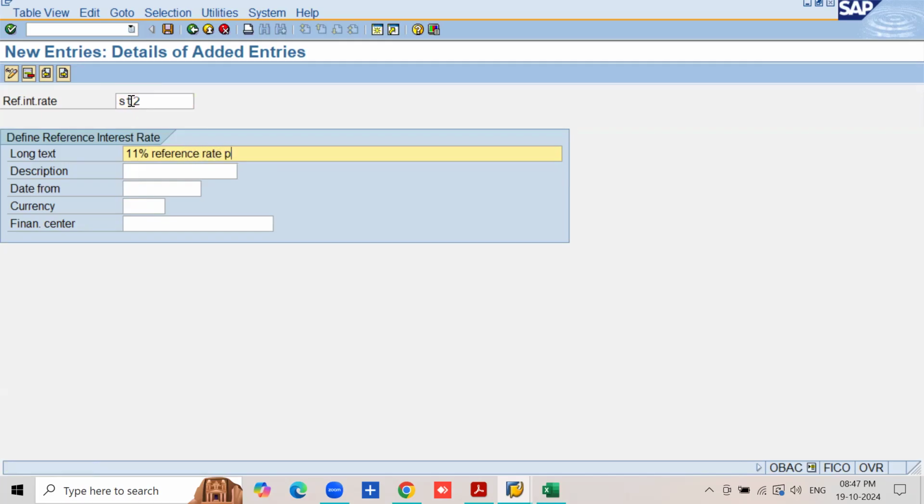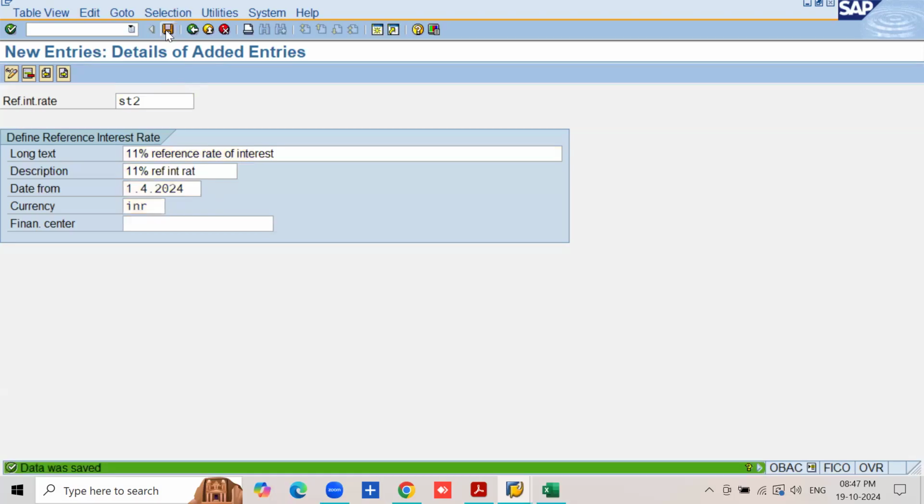Reference rate of interest. Description: again, 11% reference rate of interest. Date from 1/4/2024, so this rate is applicable from 1/4/2024. Currency INR.